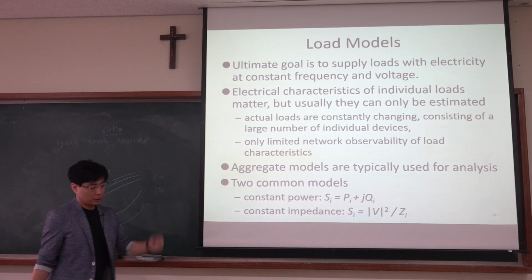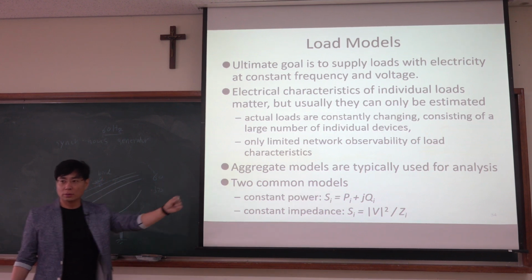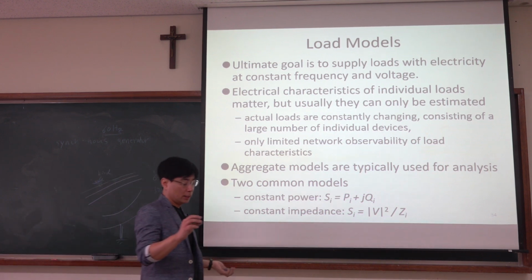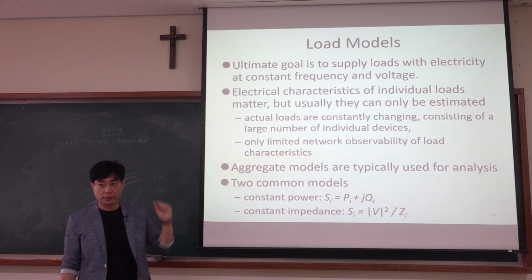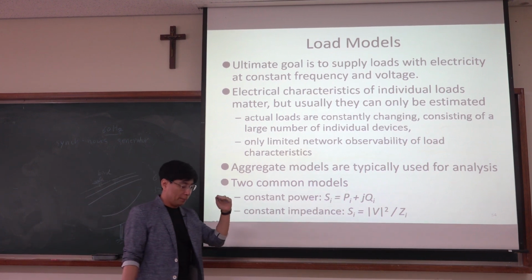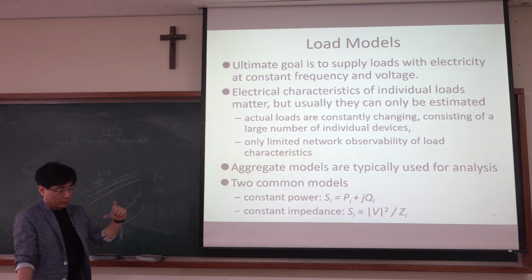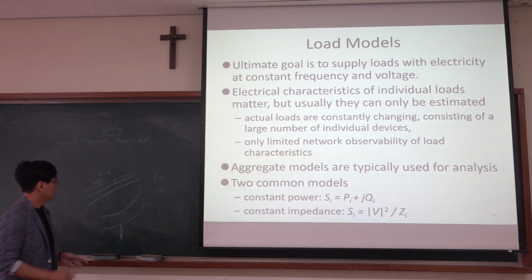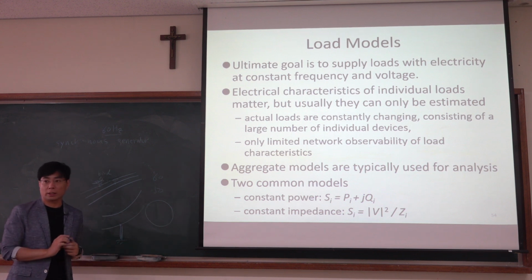Well, one of the reasons is the flickering of the light bulb. If the frequency is too low, humans can detect the flickering of the light bulb. So the frequency should be high, but it should not be so high, because with high frequency, one of the effects is this: this is the cross-section of the transmission line.